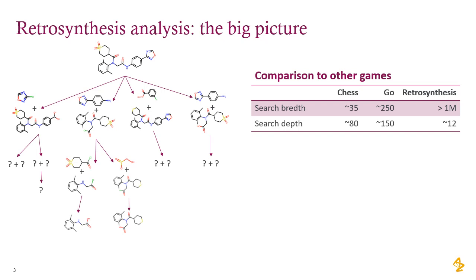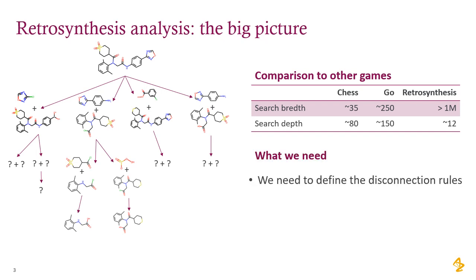There are more than 1 million different types of reactions, and even though not all of them can be applied in each stage, we have a very wide search tree. On the other hand, we have a very shallow search tree. We don't want to do hundreds of steps in order to synthesize our molecule. We maybe want to do around 10 at most.